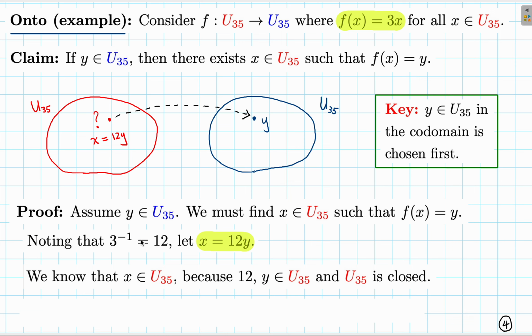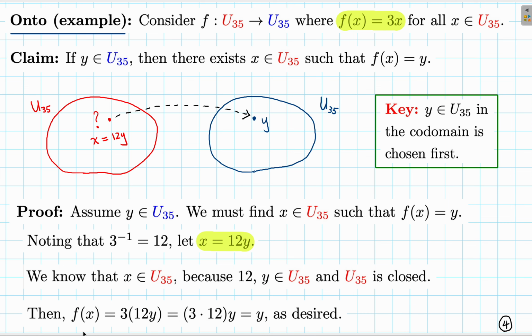So now that we've found an element that we claim maps to y, let's actually go ahead and verify that. And so f of x is 3 times x, or 3 times 12y. Use the associative law to regroup. 3 times 12 is 1, and we're left with y.